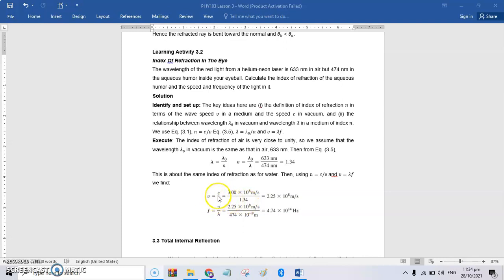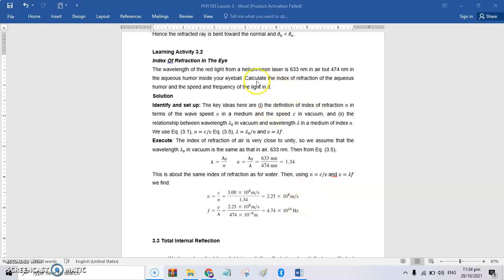Okay, now makukuha natin si speed of the helium neon pagdating niya kay humor, aqueous humor sa ating eyeball. So, it is 2.25 times 10 to the 8 meters per second.